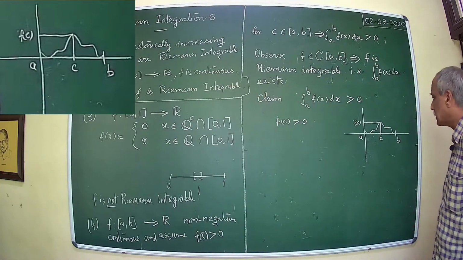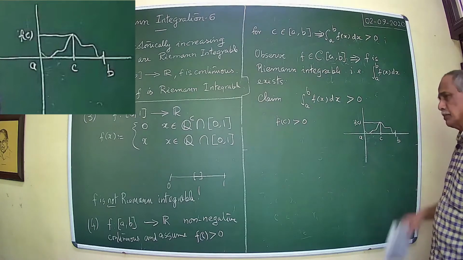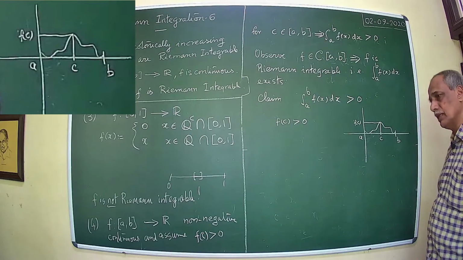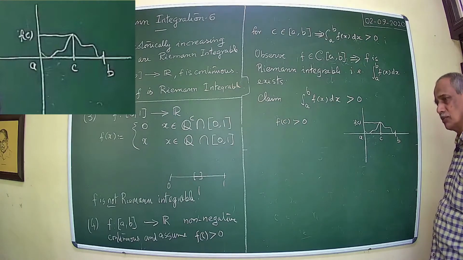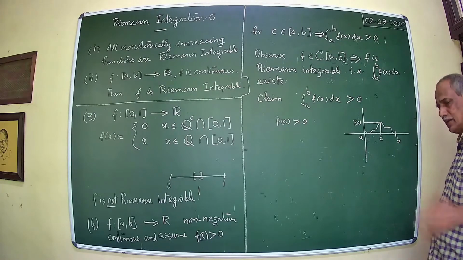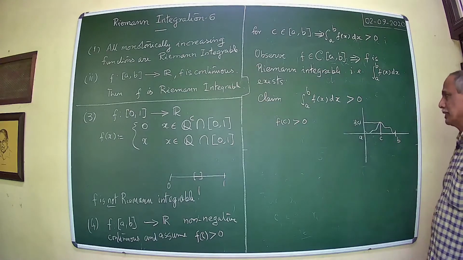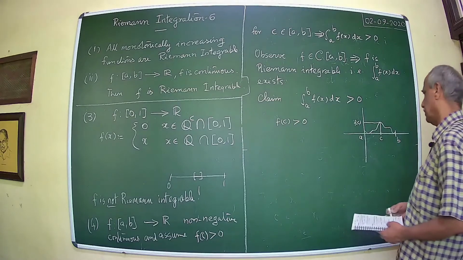Now what does one do? It is Riemann integrable, so it is enough to compute the lower estimate and then go for the lower integral, or the upper estimate and go for the upper integral. They are equal, and that's equal to the integral from a to b of f(x) dx. So we work with the lower integral.